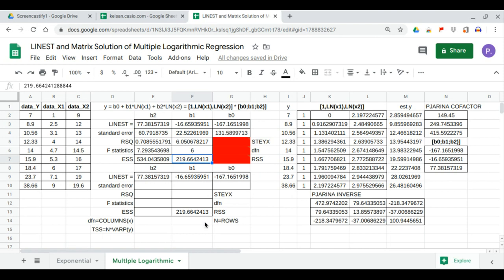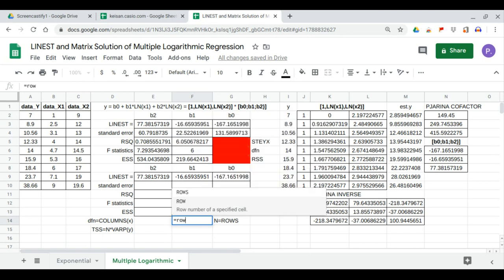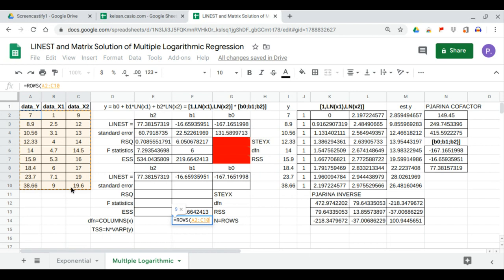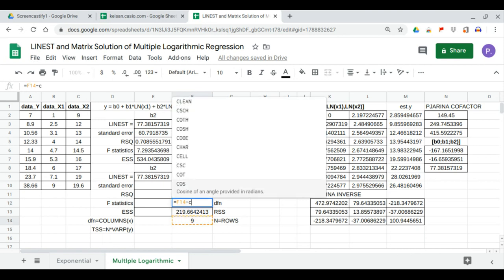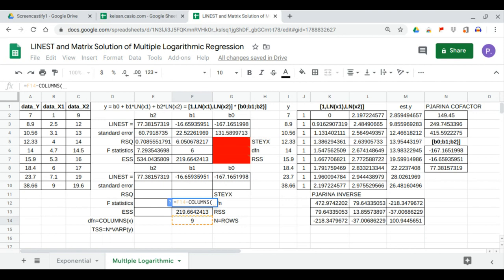Next, we calculate the number of rows, or the population, which is the rows of the data. So we have our population, 9. So we can calculate the degrees of freedom of the denominator, which is rows minus columns, which is 6.